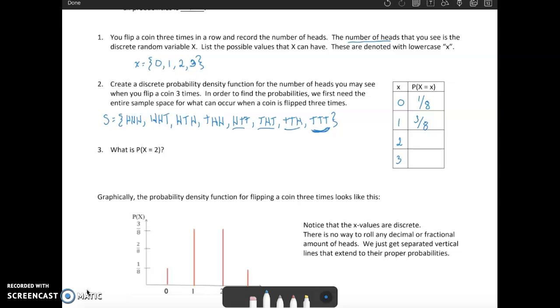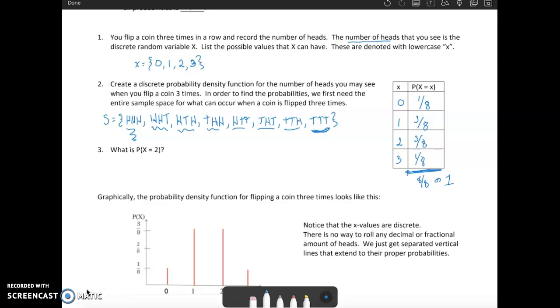There's also a 3/8 probability of flipping 2 heads, and a 1/8 probability of flipping all 3 heads. And notice if we add all of those together, 1/8 plus 3/8 plus 3/8 plus 1/8, we get 8/8 or 1. So this is the probability density function.